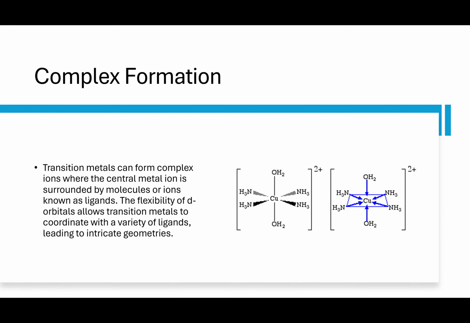I didn't want to put all of the information into this because we must have specific treatment of ligands. So the flexibility of d orbitals allows transition metals to coordinate with varying amounts and varying types of ligands, leading to intricate geometries, which we will discuss in a specific ligand session.